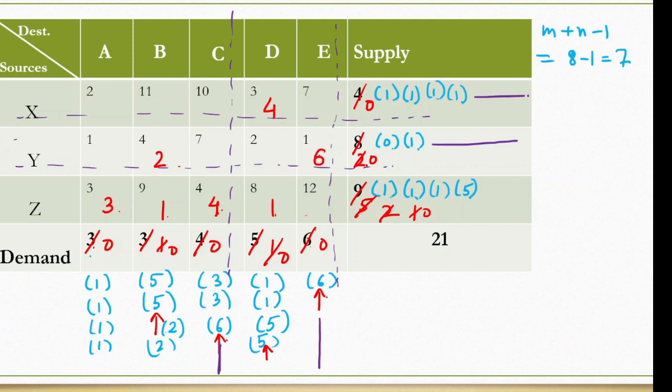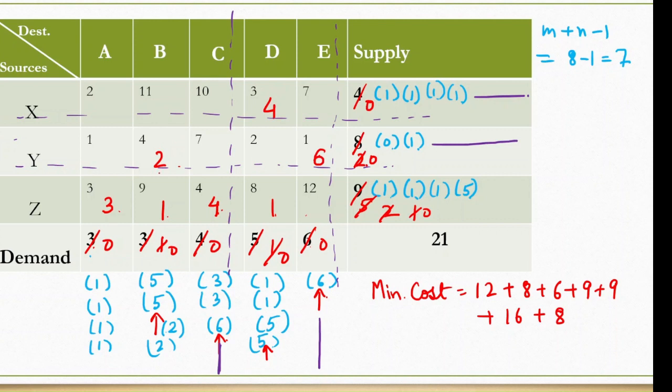With this we can calculate the minimum cost, and the minimum cost would be 12, 8, 6, 9, 9, 16 and 8. I repeat again, you just have to multiply the number of the units, that is 4, with the unit cost 3, so I'll get 12.